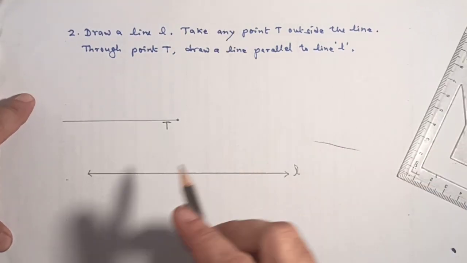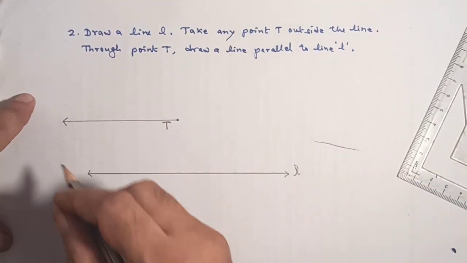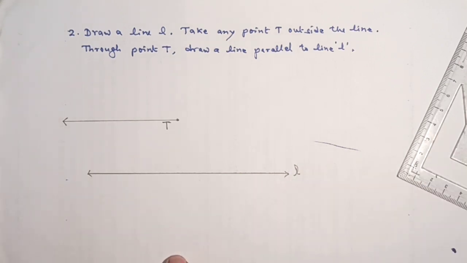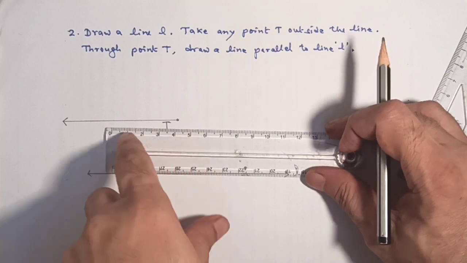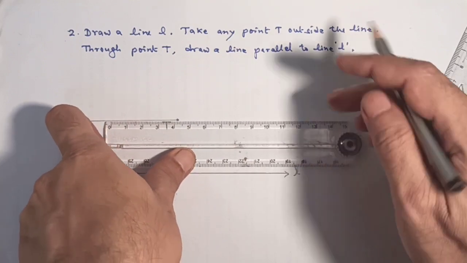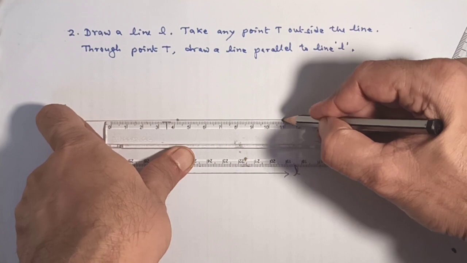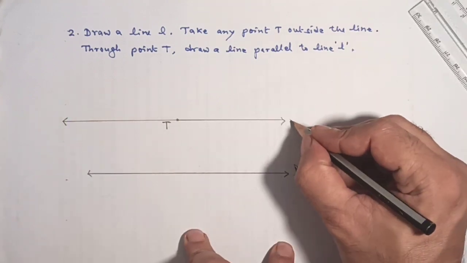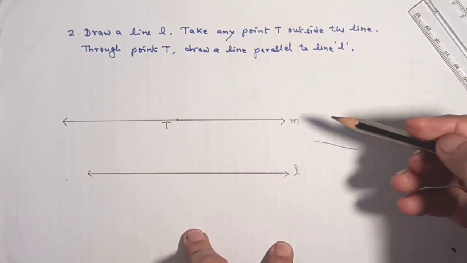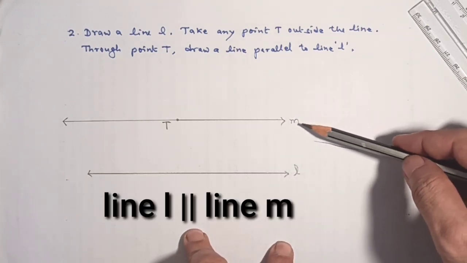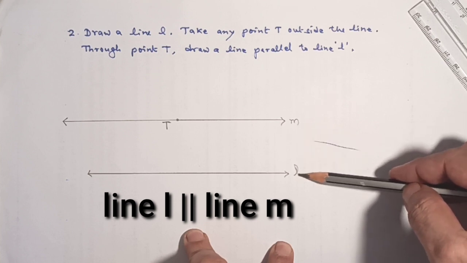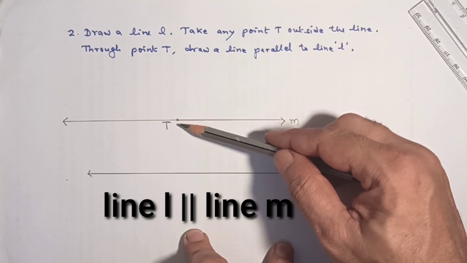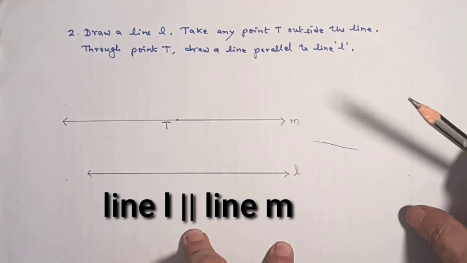This line is always parallel to the given line L. Now you have to extend it with the help of scale. On other side, put arrow mark and mark it as line M. So now this is your required line M, which is parallel to L, and it is passing through point T using your set squares.